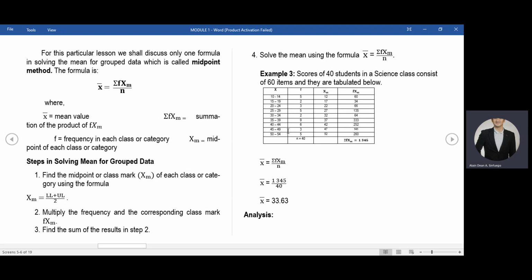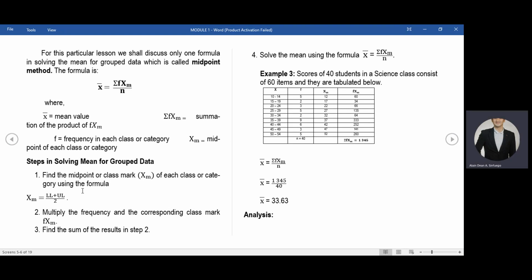Once you have the midpoint of each class or category, you need to multiply the frequency to the corresponding midpoint, or what we call the class mark. So in symbols, that is f times x sub m. Next, you just add all the products that you got from step number 2, or in other words, the summation of f times x sub m.